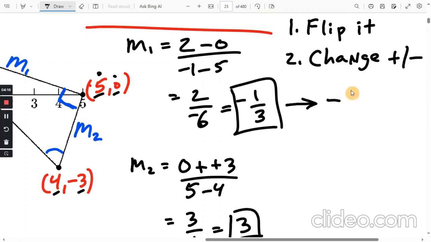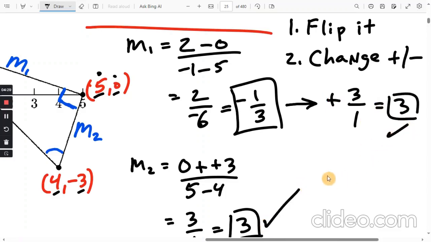That's going to be -3 over 1. Change the plus minus sign. It's negative now. It's going to be positive. So 3 over 1 is just 3. Does that equal the other slope? Yes. So these are perpendicular. I'll just abbreviate. They're perpendicular.